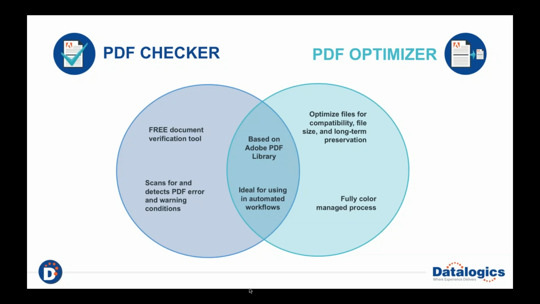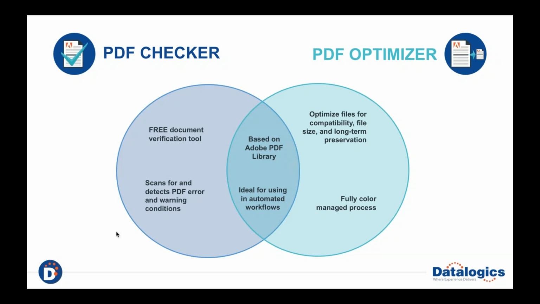And it's got real color management. And what PDF Checker is going to do is it's going to check or validate your PDF to look for potential problems, direct problems that it finds, and potential warnings, something that could become a problem when the PDF is in use.